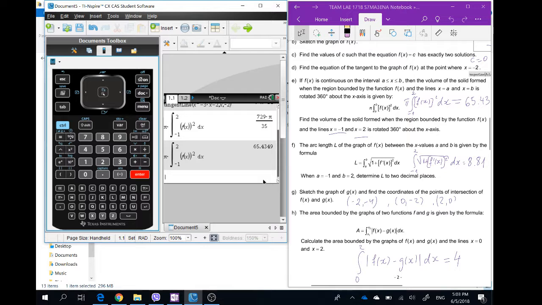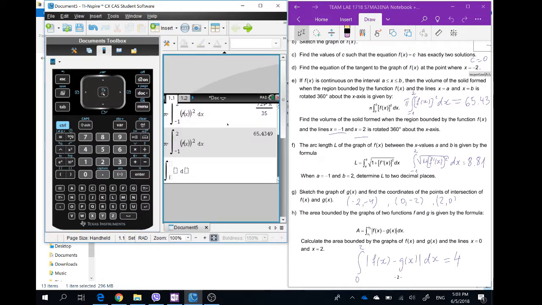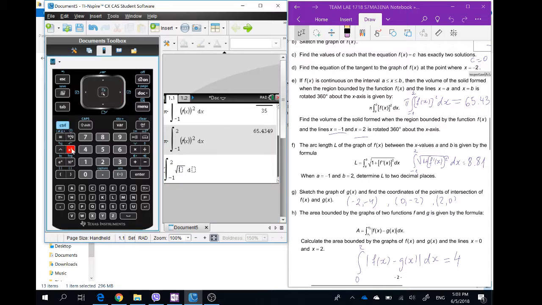The arc length is calculated this way again, integral. You have to click on menu, calculus, integral from -1 to 2, and then square root, control, square root, 1 plus.